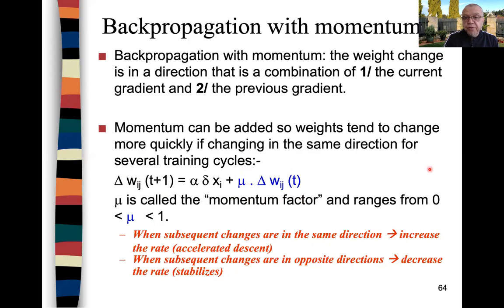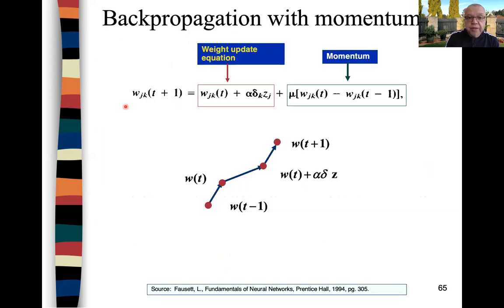This figure explains how it works. So you have the new weight, which is equal to the old weight plus alpha, the learning rate, times delta times your input.